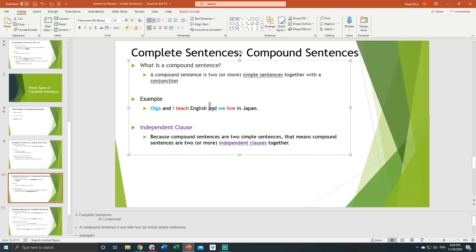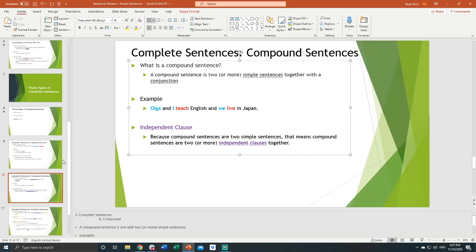They are combined with this word, "and." So a compound sentence is simple sentence one plus simple sentence two. And because compound sentences are two simple sentences, that means compound sentences are two independent clauses.